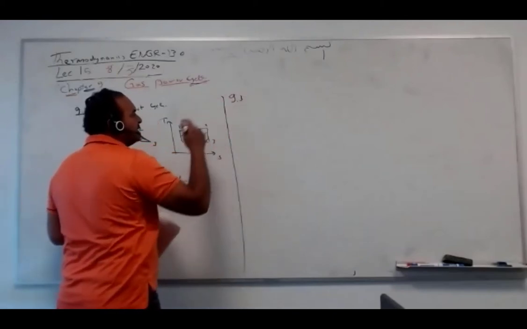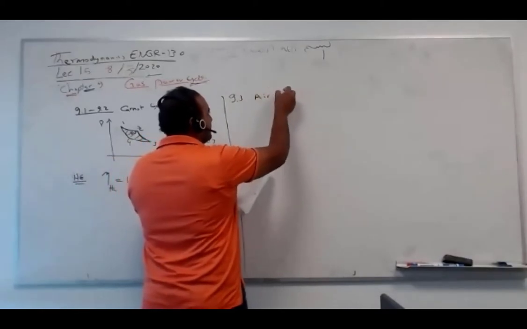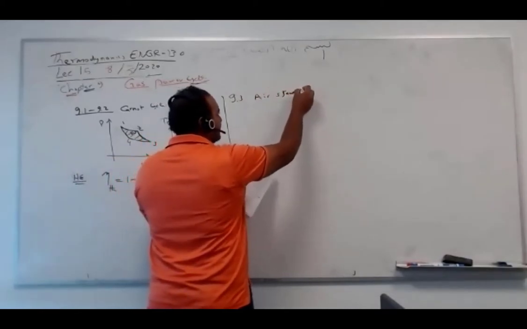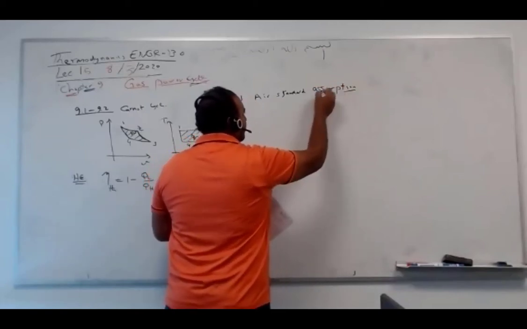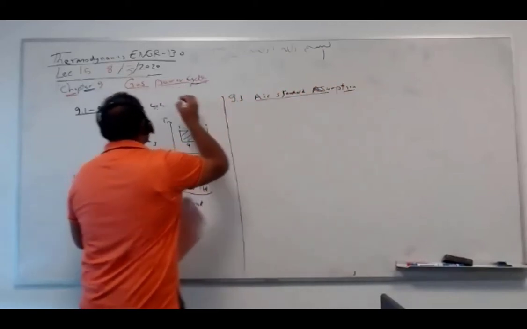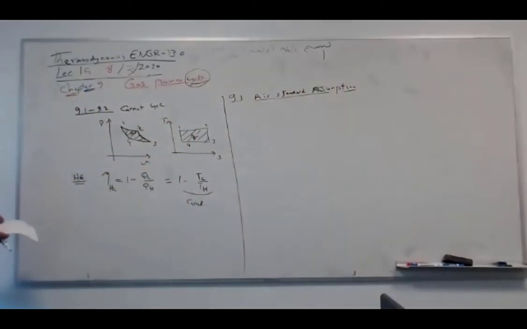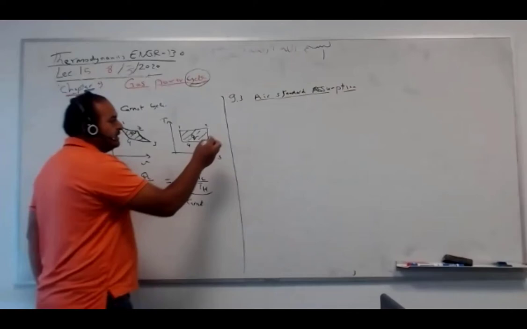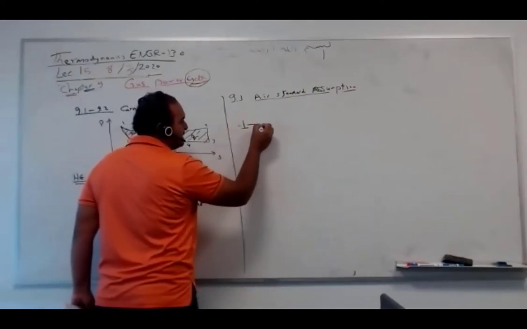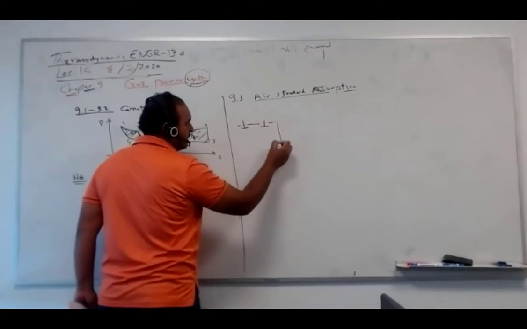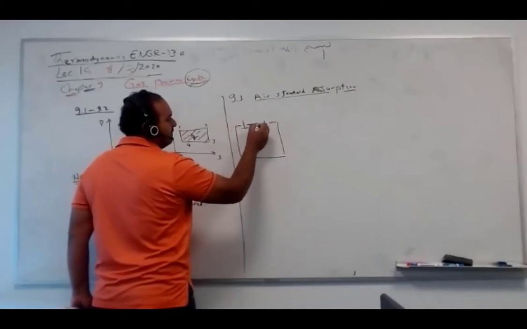9.3, we're going to talk about the air standard assumptions. All our cycles, in reality, are open. So in the car, you have the piston cylinder. It's an open system. It's like a cylinder: open a valve, close the valve.